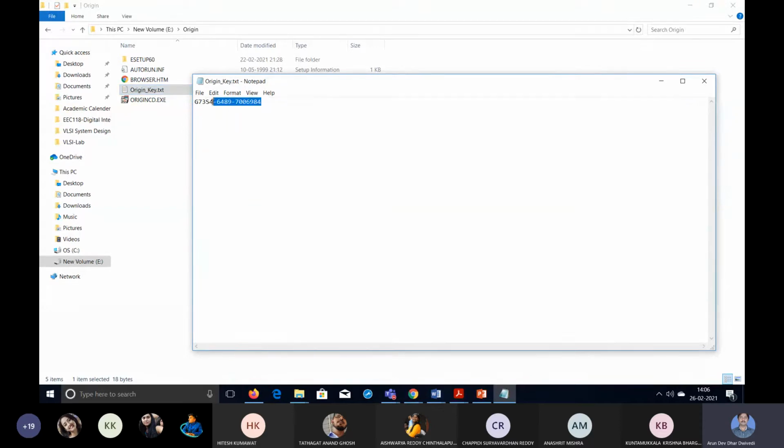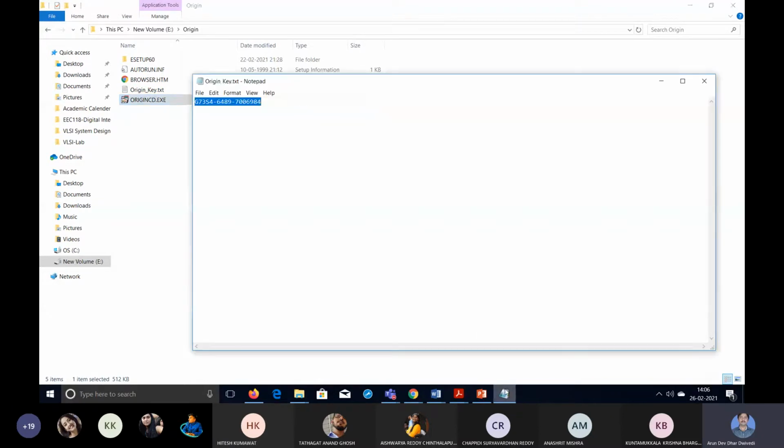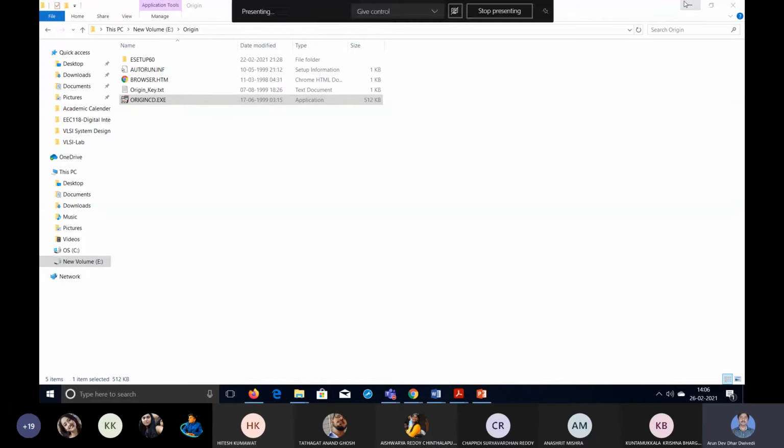You can copy this key with Control C from the text, then click on origin.exe. There is a setup, so you have to run this setup, then click here, it will start, and during the installation it will ask for this key, then you can provide the key which you have copied here. So this is already done in my system.